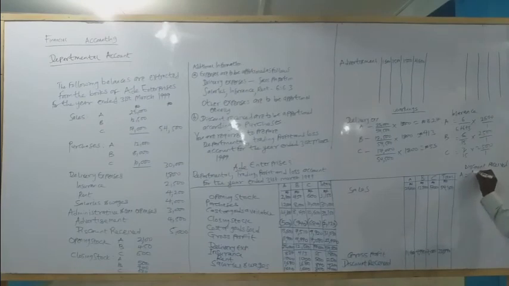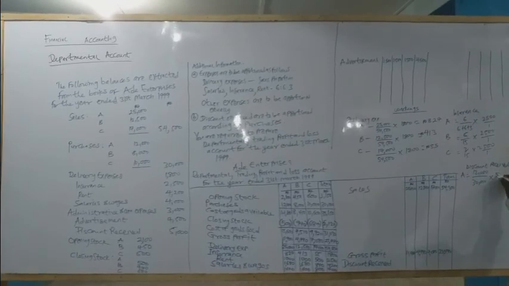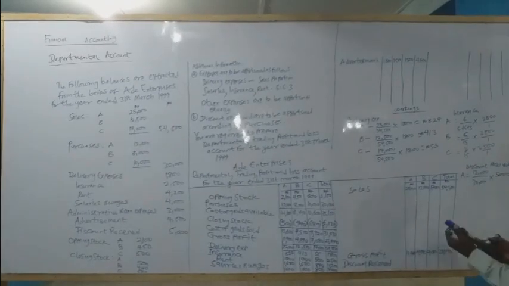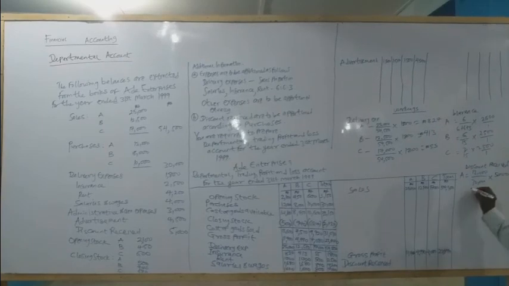Department A will now take 12,000 over 30,000 times what? What's the amount? 5,000. So 12 divided by 30 times 5,000 gives us 2,000.